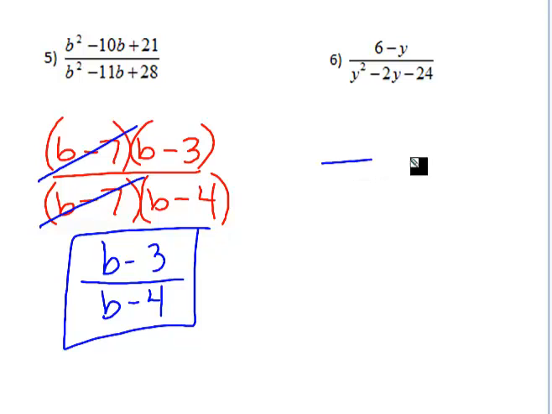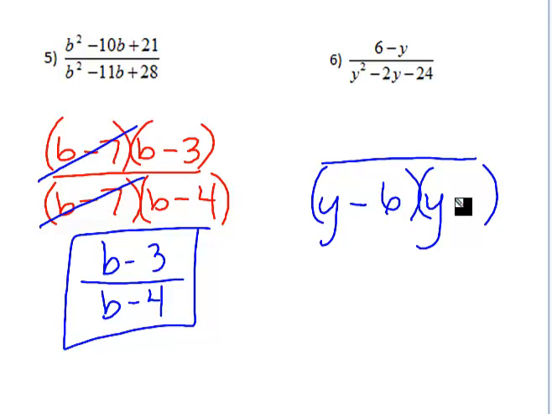Okay, so let's try to factor the denominator first then. So what are the first terms? Y and y. Okay. Now we want factors of 24, and our outside and inside should give us a negative 2y. 4 and 6. Good. Which one should be the negative one? 6. We'll say negative 6 plus 4.